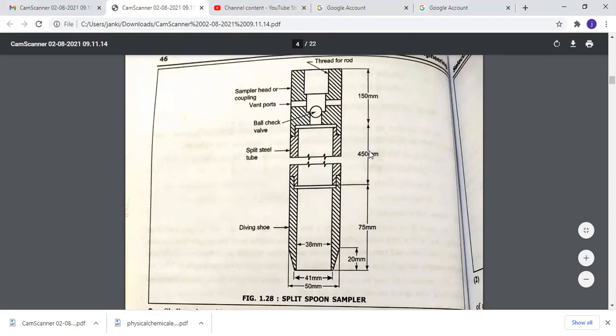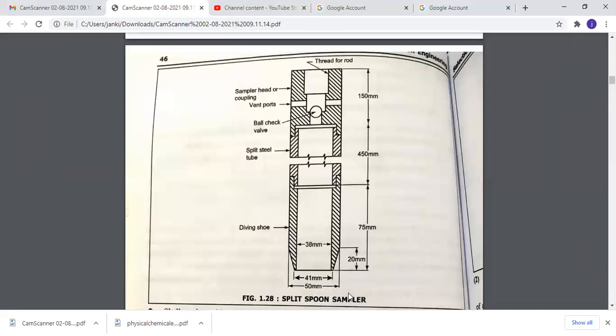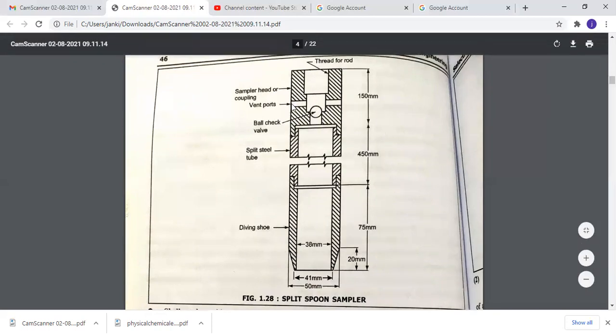The inside diameter of the split tube is 38 and the outside diameter is 50. The sampler head is provided with a check valve and four vent ports of 10 diameter, as shown here.